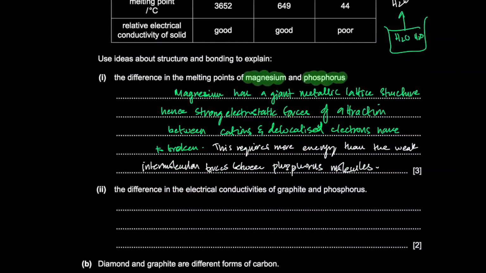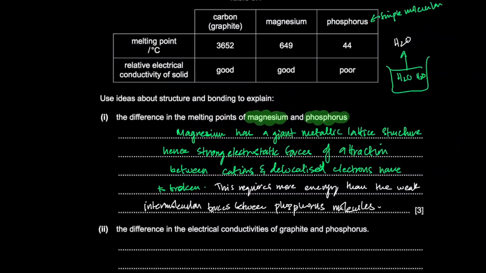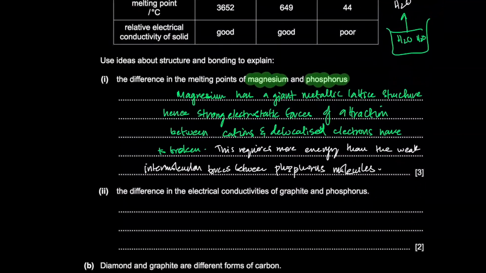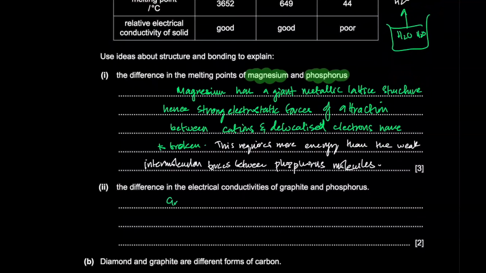The difference in electrical conductivities of graphite and phosphorus. Graphite has delocalized electrons, which are free to move in the giant lattice structure, along the layers of graphite.